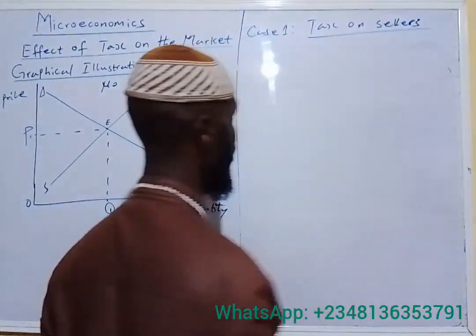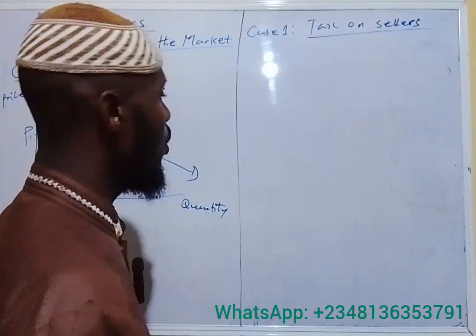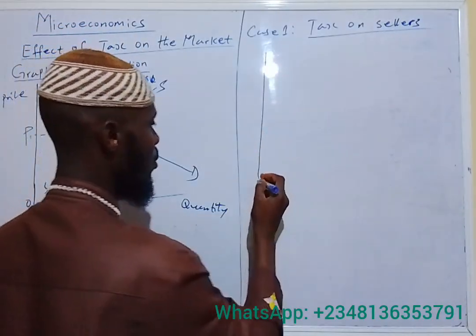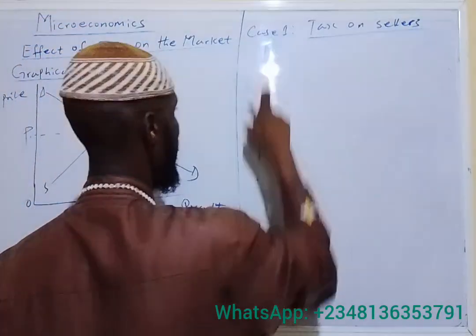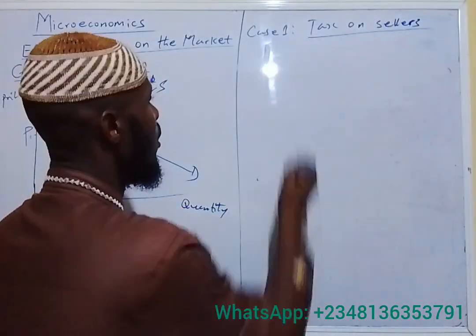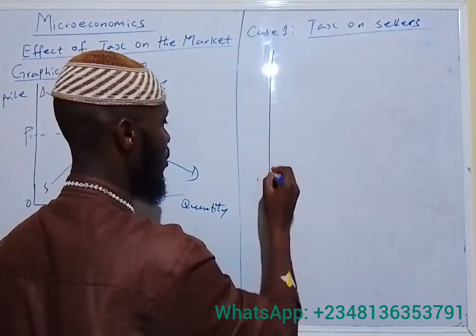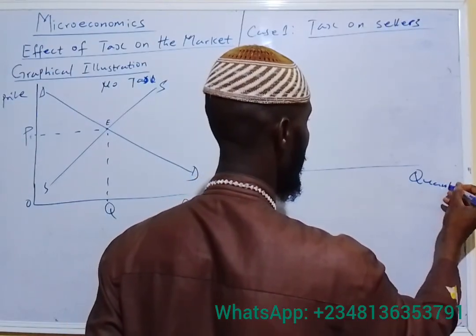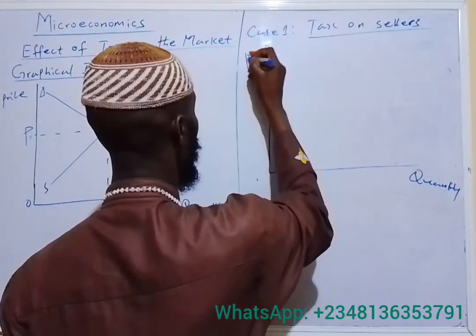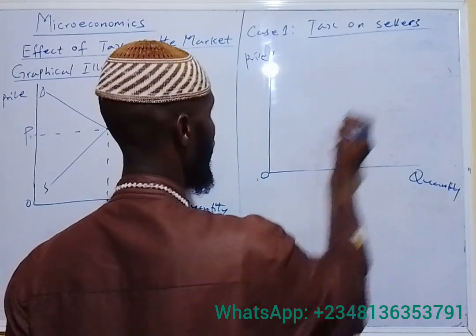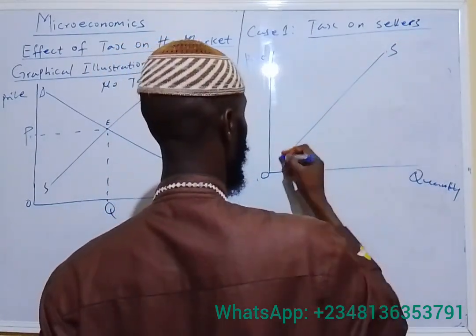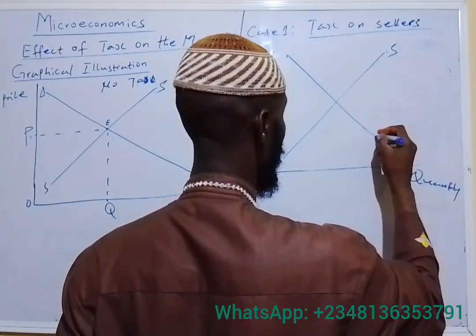So we redraw this. Let's have our market. We have the quantity, we have the price, we have the origin. I'm going to redraw the same thing here. We have S, and this is the demand curve.